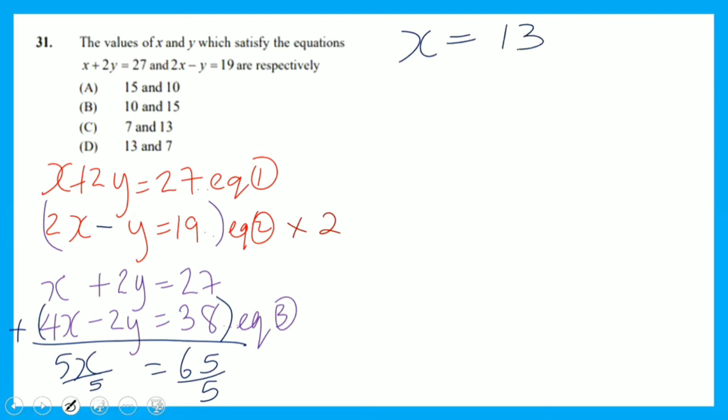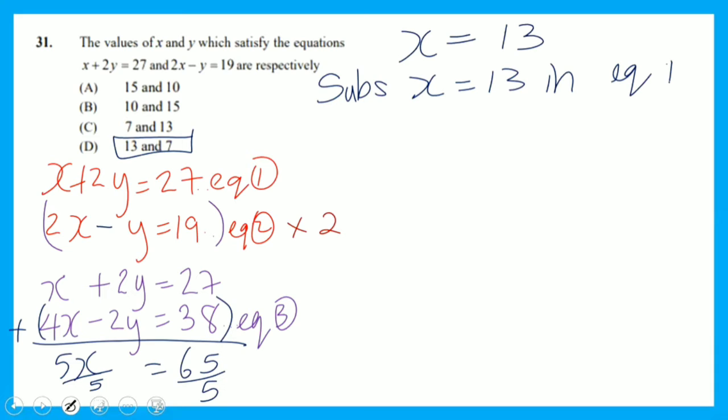And once we know x is 13, first of all, you can just look at your responses right now, because this is multiple choice. And you see that in D, the first value here is 13. Which means y is going to be 7, but we can go ahead and double check that. How do we solve for y? We're going to substitute this value that we have for x in whichever equation we choose.